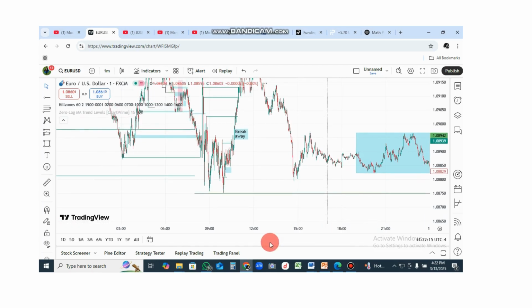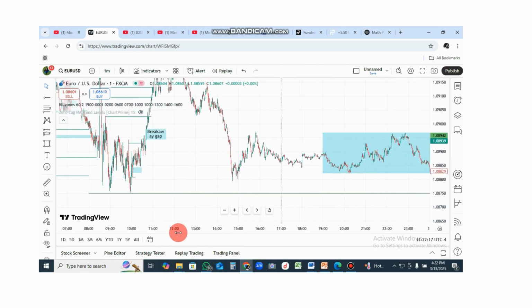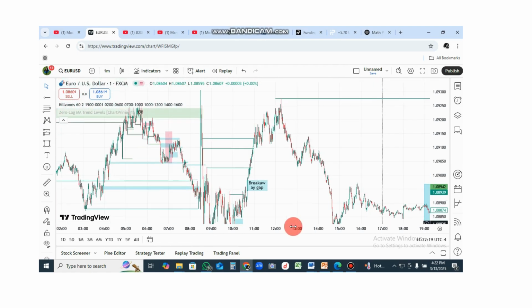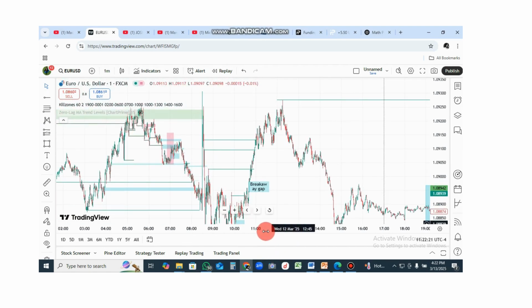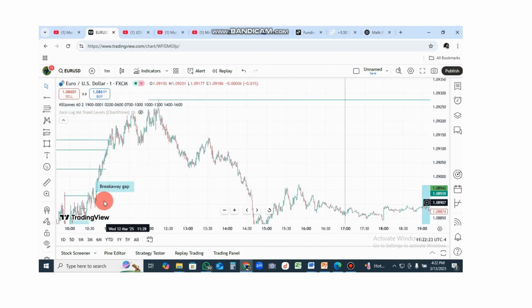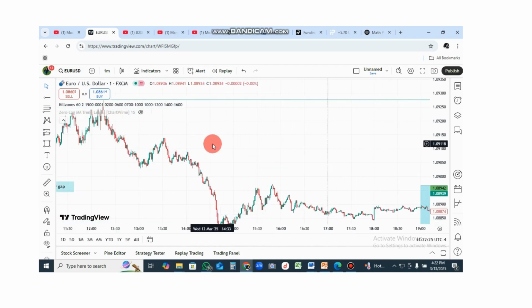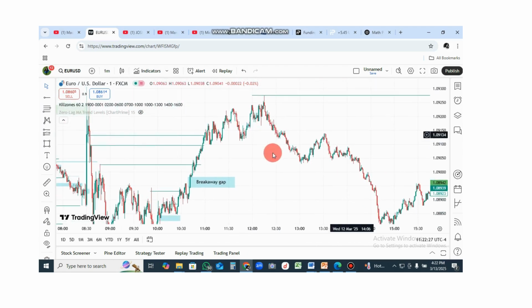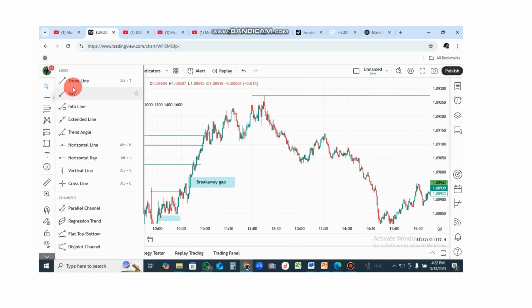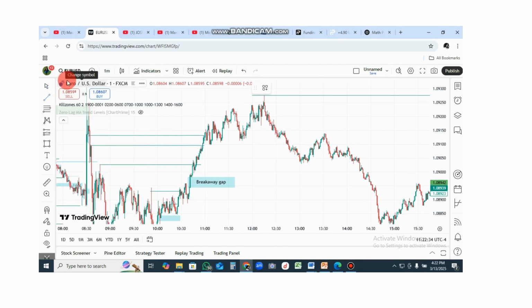Now, expansion is what I'm about to show you. This is expansion. When you have movement up like this, and movement down, this is expansion, when price expands.